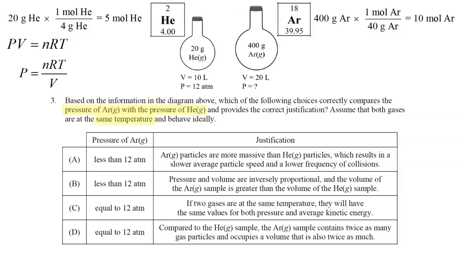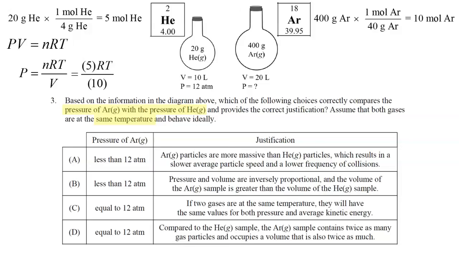So 5 moles, they're at the same temperature, but I don't know what that temperature is. So right now I have 5 times R times a temperature, which I don't know what that is, divided by volume, and it says in the diagram the volume of the flask on the left is 10 liters. So right now I have an expression which is 5 times R times T over 10.